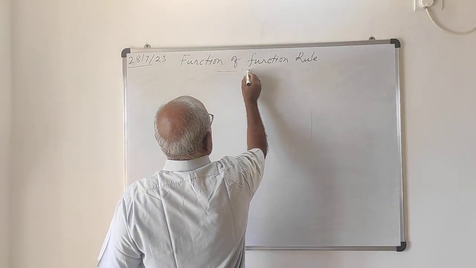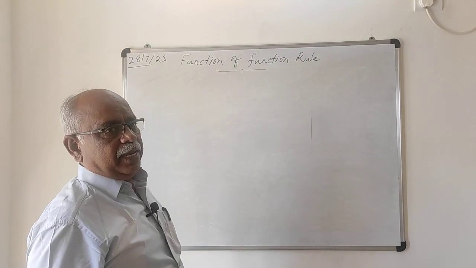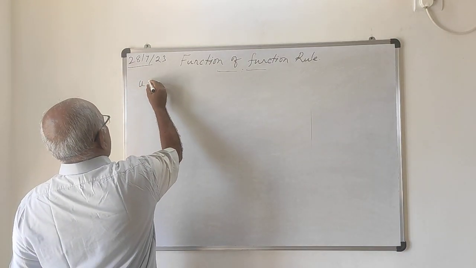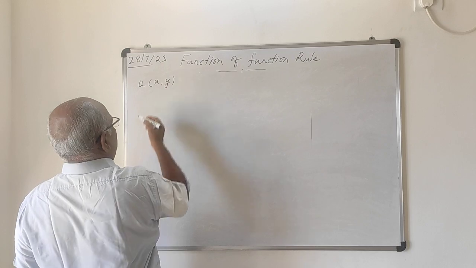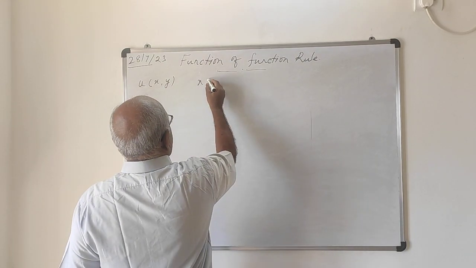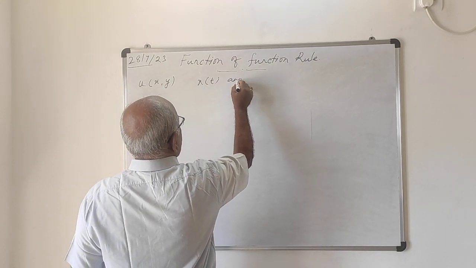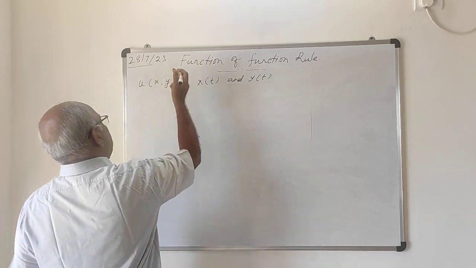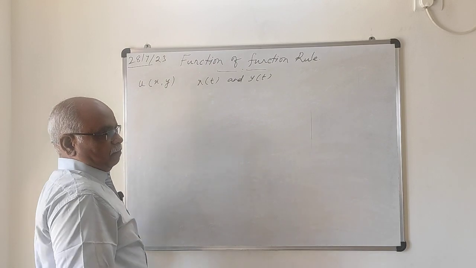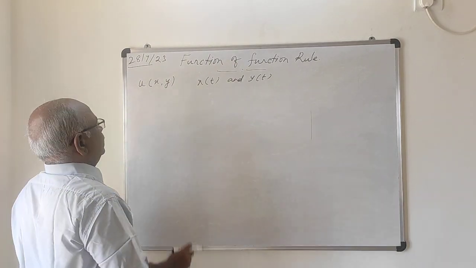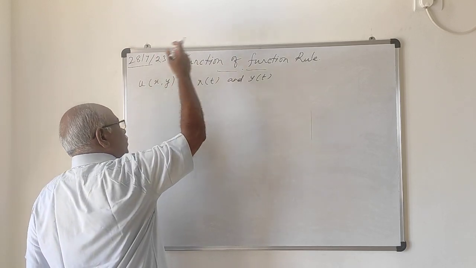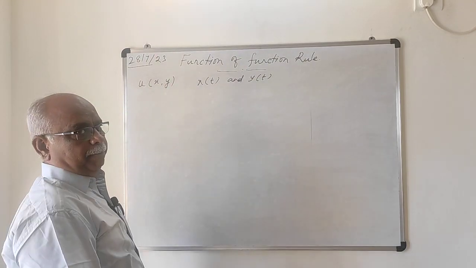In this case, u is a function of two variables x and y, where x and y are functions of t, a single variable. Here, this is a function of a function.